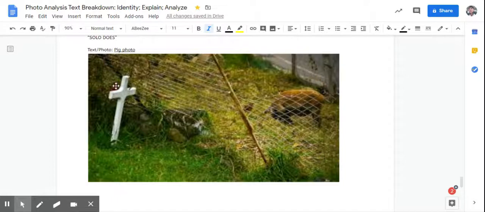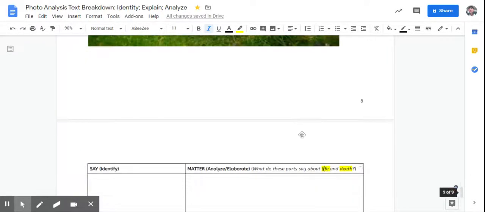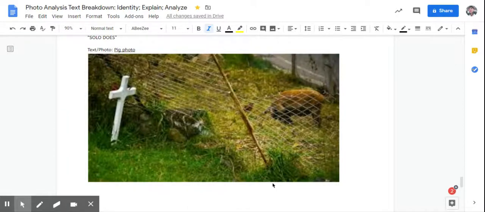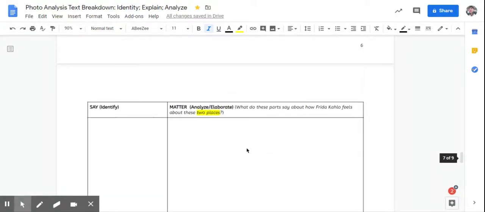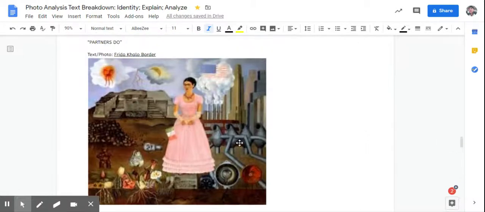This one, okay, death. You see the pig there is alive. So what do these parts that you've identified say about life and death? This one you're looking at through the lens of life and death. This non-traditional text, you're looking at through the lens of how this painter feels about these two locations.